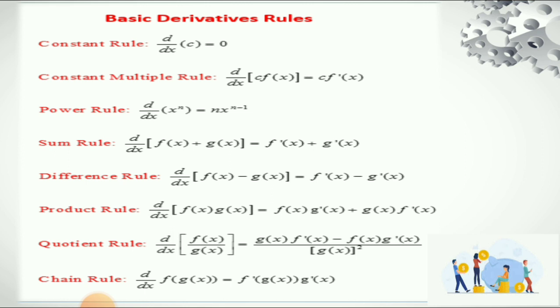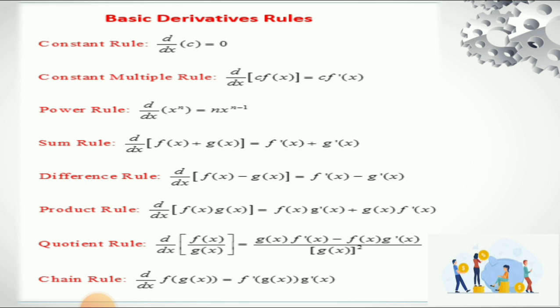In the difference rule, d over dx of f of x minus g of x is equal to the first derivative of f of x minus the first derivative of g of x.